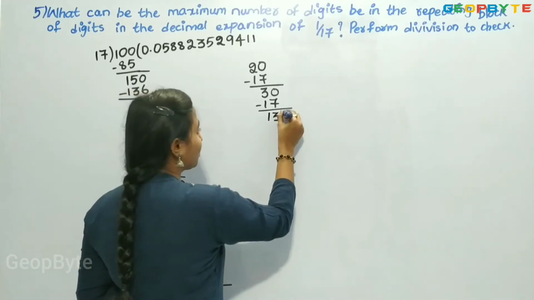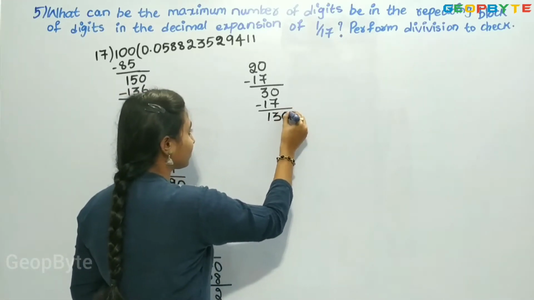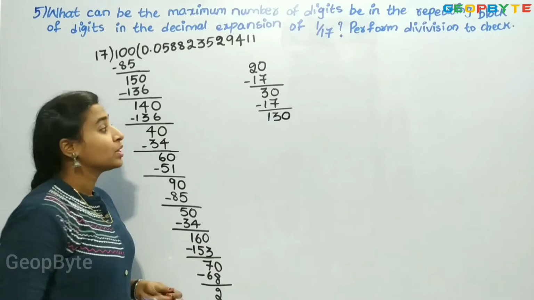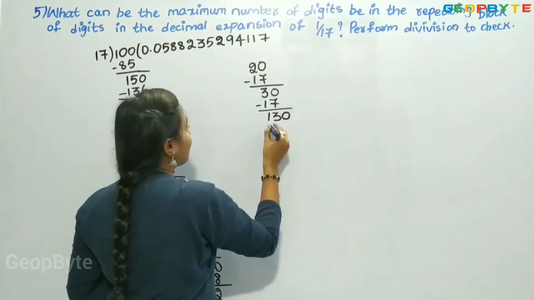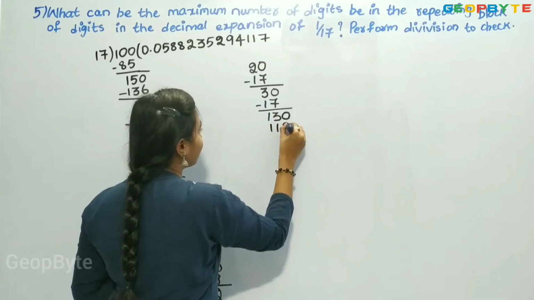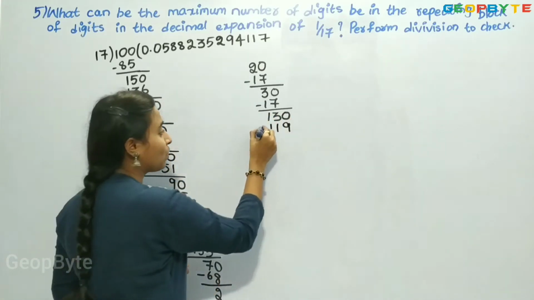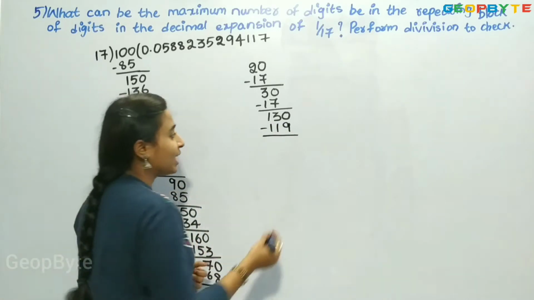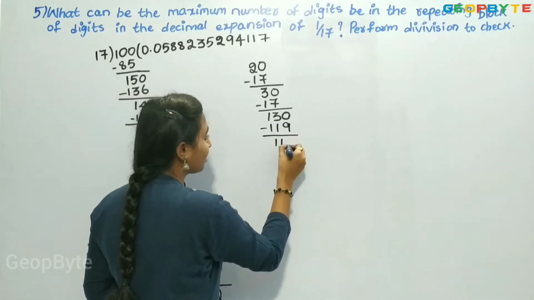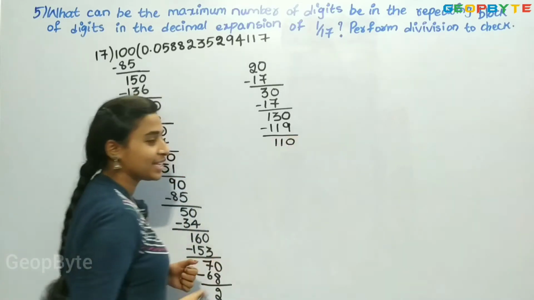Now let us put a 0. Now 17 7s are 119. Now 130 minus 119 is 11. Let us put a 0.